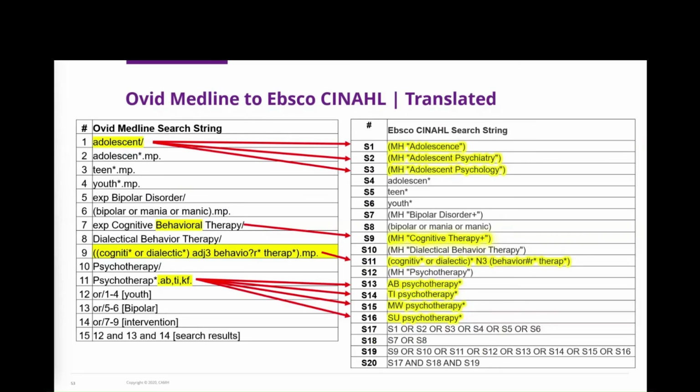So when we put it all together, we have the following. Adolescent subject heading, we translated to CINAHL subject headings: adolescence, adolescent psychiatry, and adolescent psychology. Cognitive behavior therapy became subject heading, cognitive therapy. ADJ operator became N, seen in line 11 on the right.